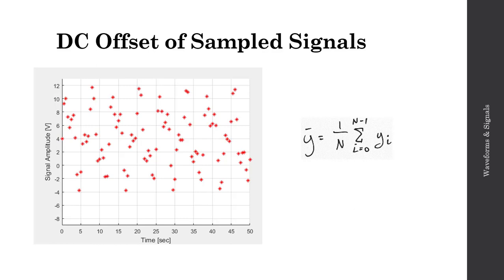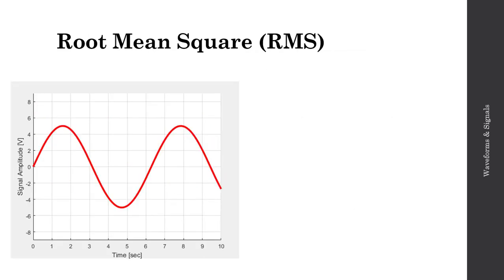So we'll go from i equals 0 to n minus 1, using a 0 index here, and we'll add up each y value, in this case the signal amplitude of each sample, and divide by n, the total number of samples in my signal. Thus, here we're looking at a discrete sampled signal, but we're also able to calculate the DC offset in the same fashion that we calculated it using an integral in the preceding slide for a continuous signal. So the DC offset gives me an idea of the static portion of my signal, the portion with 0 hertz.